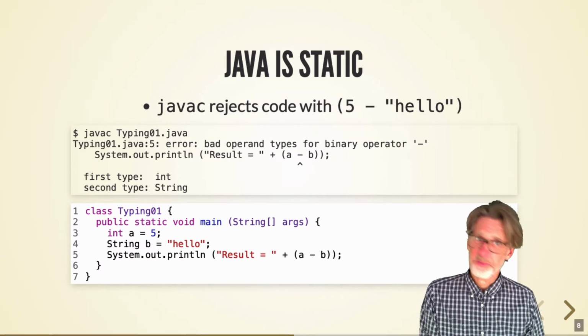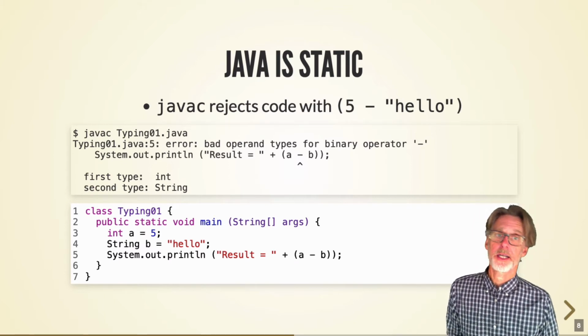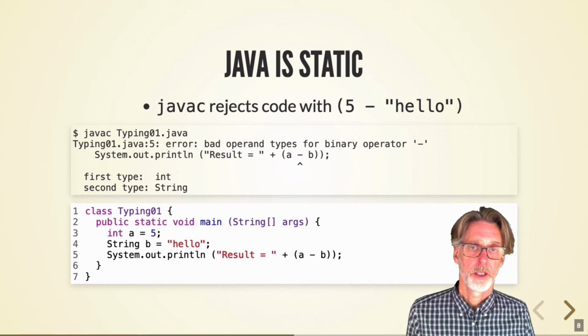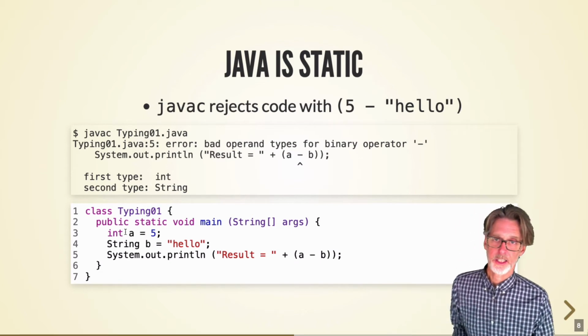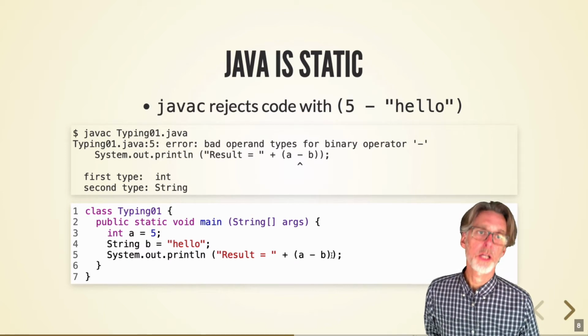So Java, obviously, is a static language because we do get errors when we attempt to compile code. For example, if I have an integer and a string and I try to compute their difference, I will get an error.